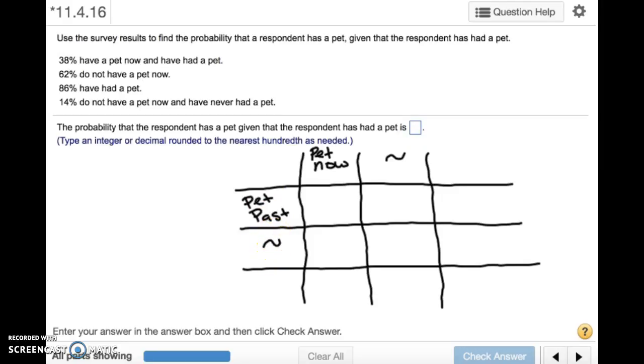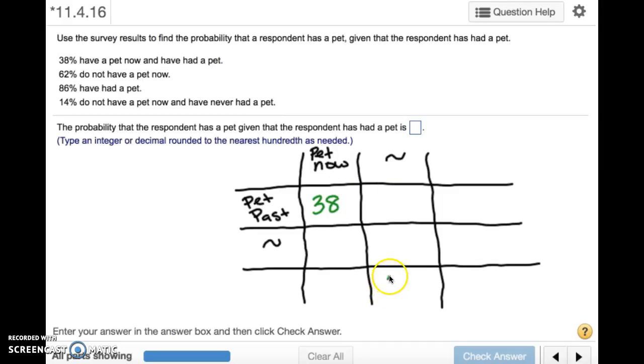So filling in these numbers, 38% of people have a pet now and have had a pet in the past. So 38% is going to go here. 62% of people do not have a pet now. So they do not have a pet now, whether they've had one in the past or not.